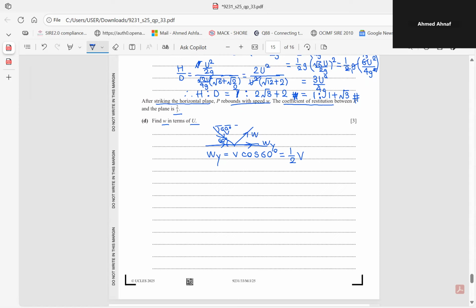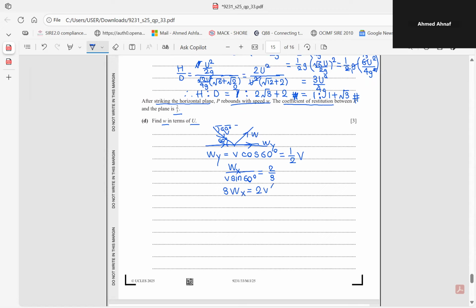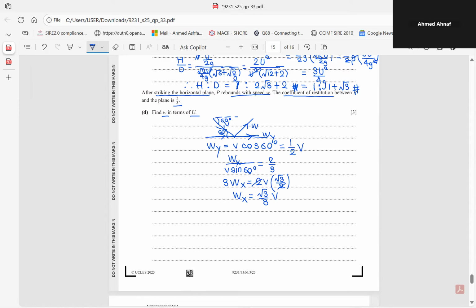So speed of separation, we're going to let it be WX, and approach is V sine 60 equals the coefficient of restitution, that's 2/3. So 3WX equals 2V sine 30, that is square root 3 over 2. So WX, we get square root 3 over 3 V.